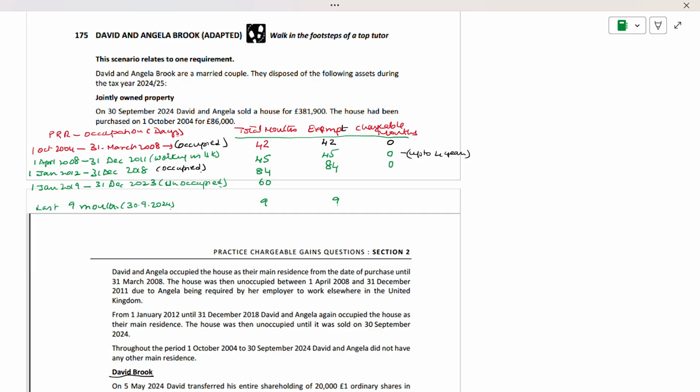Up to 36 months, 3 years of absence for any reason, is exempted. Which chapter is it? Chapter 20. Page number? I don't know the page numbers. Okay, one minute. Chapter 20 should be there right after the period of occupation.